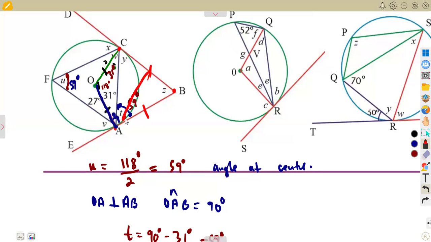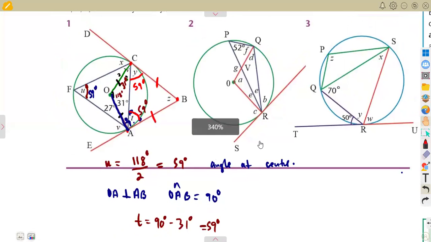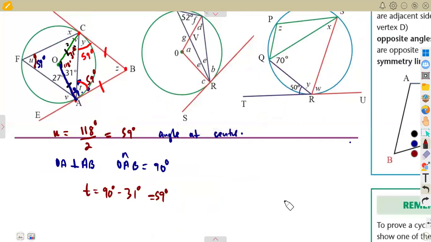This side is opposite to angle T, and this side is opposite to angle Y. So the angle T is going to be equal to the angle Y. So this is also 59 degrees. So we can also refer to angle Y equal to 59 degrees also.